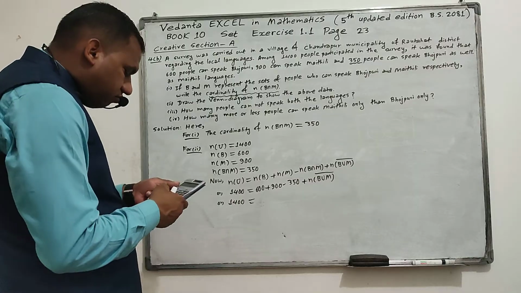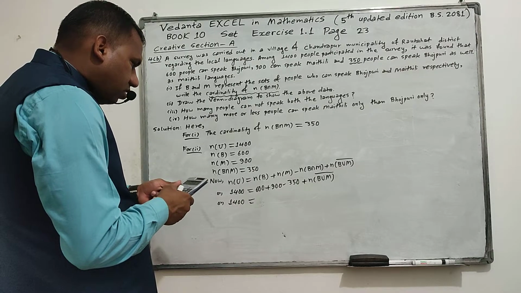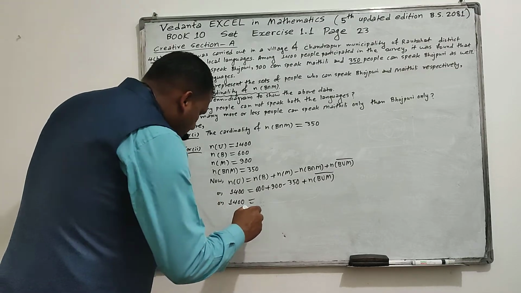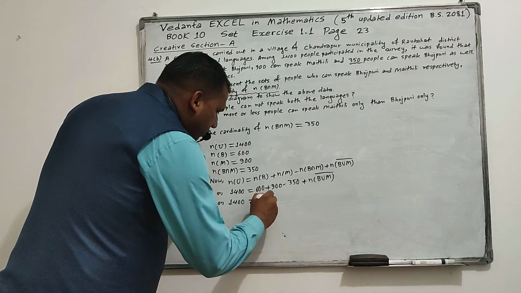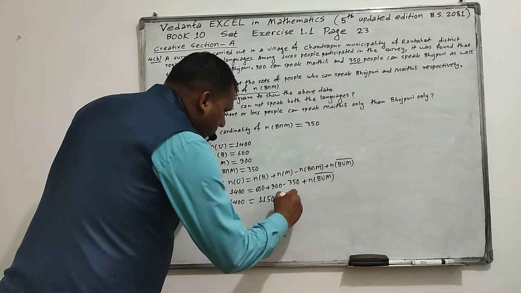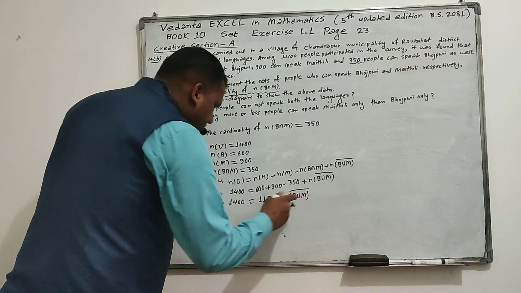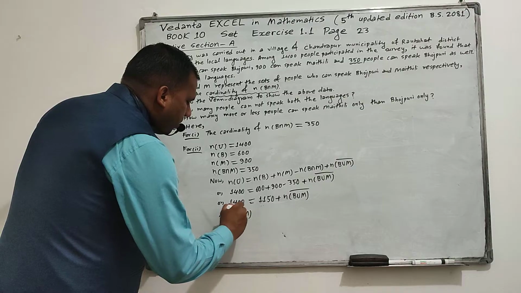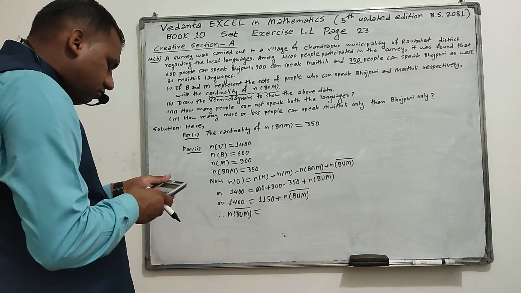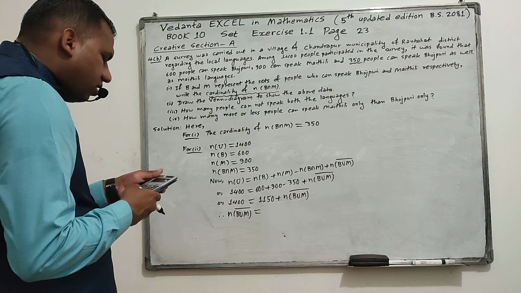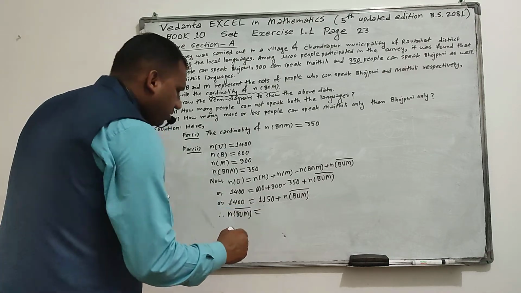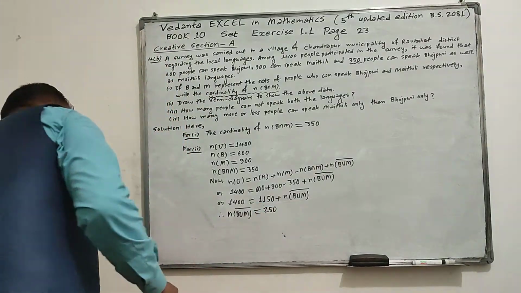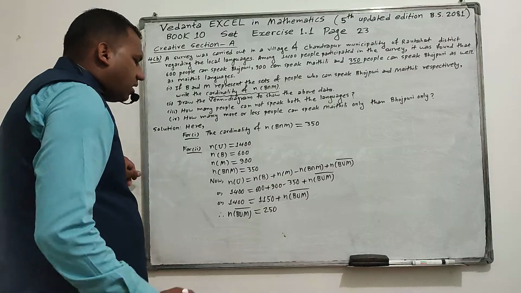The result is 600 plus 900 minus 350, that is 1,150, plus n((B union M) whole complement). Therefore, n((B union M) whole complement) equals 1,400 minus 1,150, that is 250. After this, we can represent it in a Venn diagram.